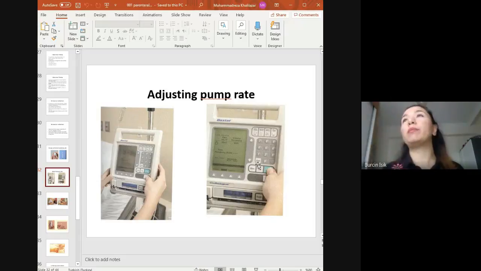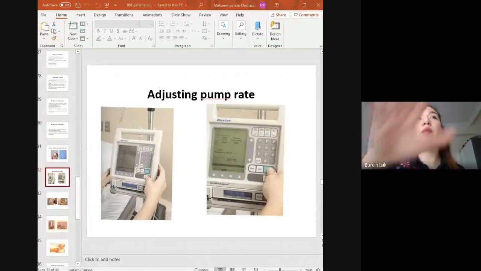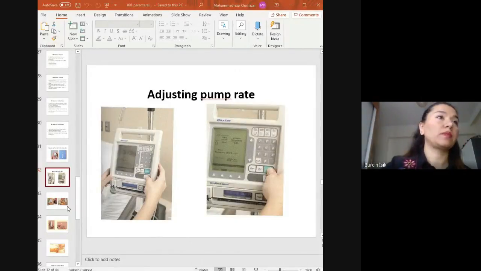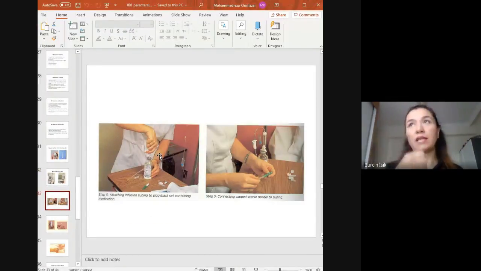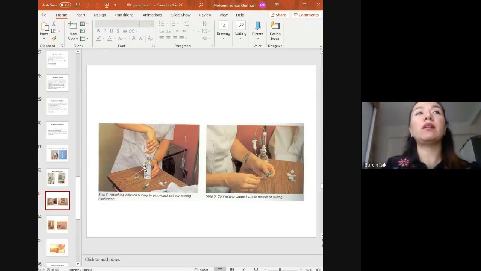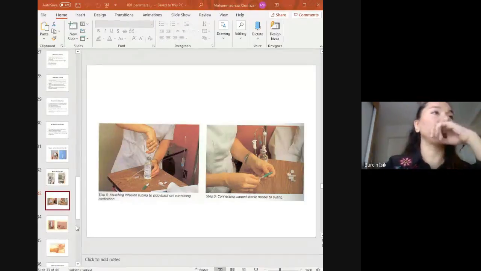For example, long-time patients need to use heparin. It's better to use a heparin pump. Here you see how they put the serum sets. Maybe these are in plastic, maybe in a bottle, glass one.